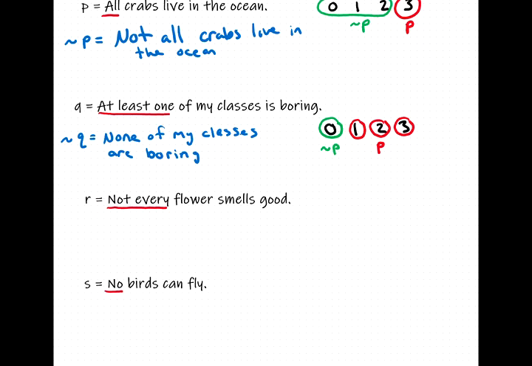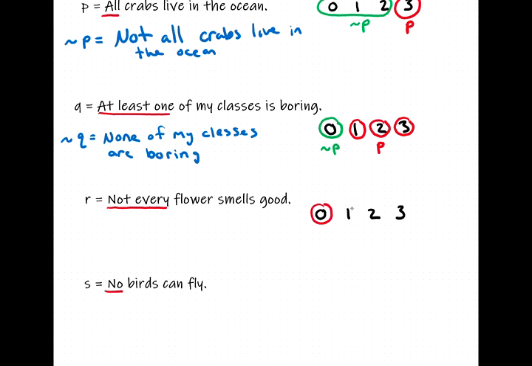Not every flower smells good. Well, let's say there's only 3 flowers in the world. So not every means anything other than every, in this case anything other than 3.